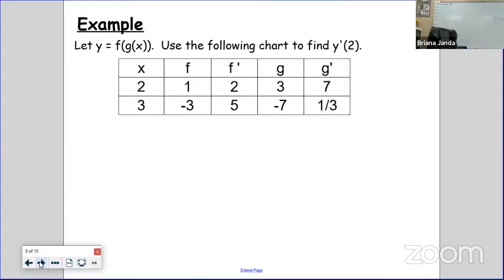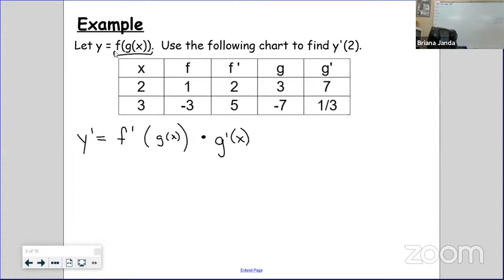If I don't know the functions, I have to just follow our derivative rule, chain rule, if the function is created by a composition. So the derivative of a composition says, take the derivative of the outermost layer, keep the inside the same, times the derivative of the next layer.